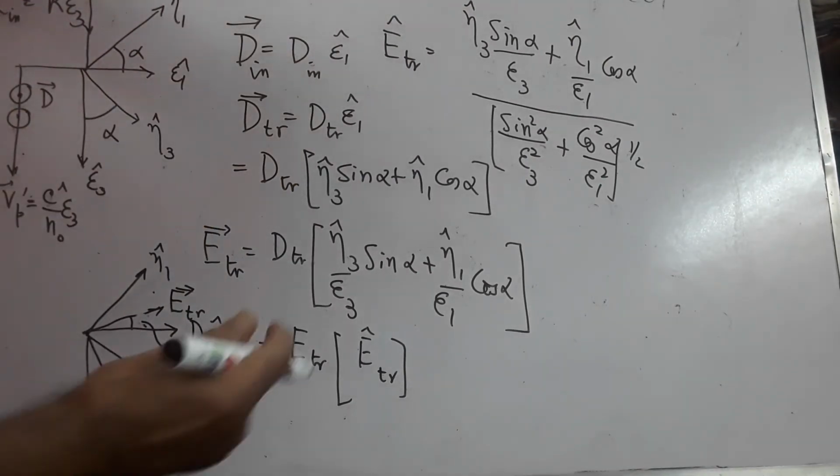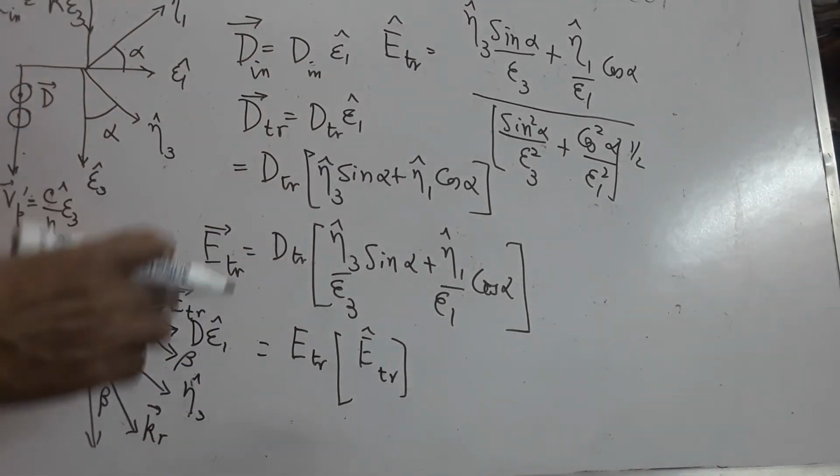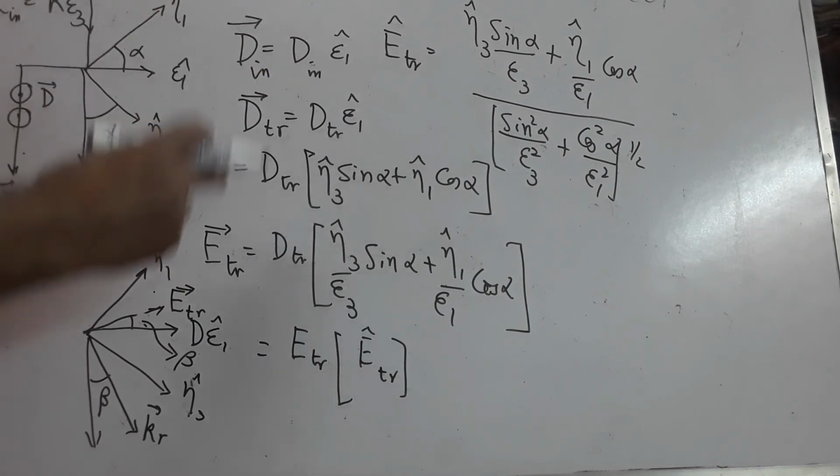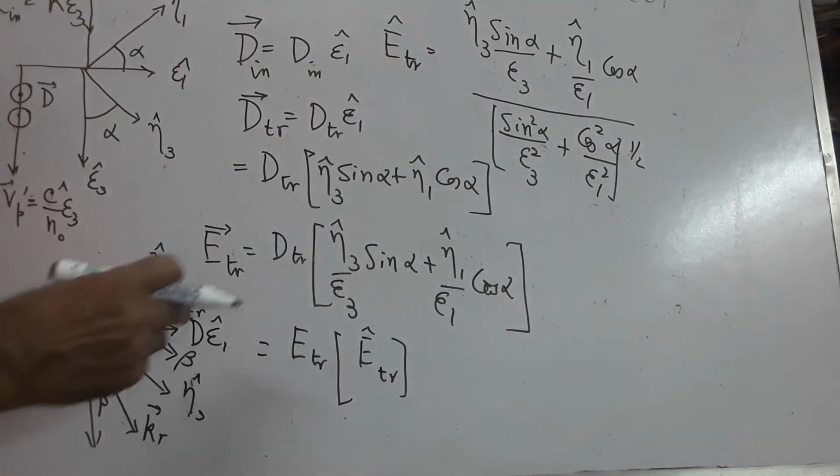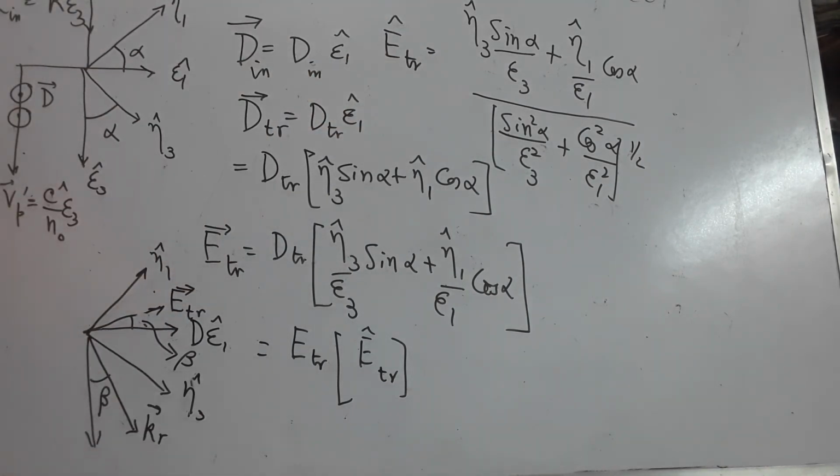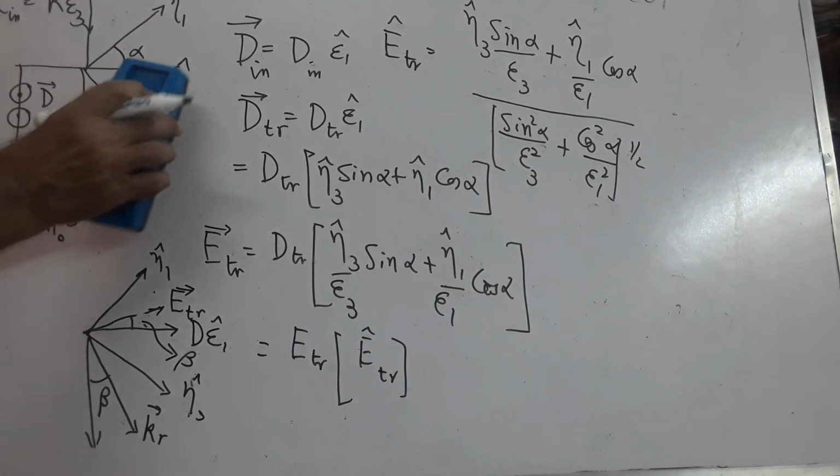Now, if I want to calculate beta, I just have to take the dot product of E unit cap and D unit cap, and let's just do that.